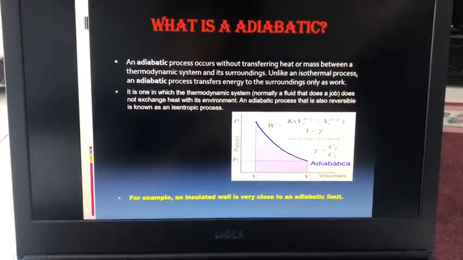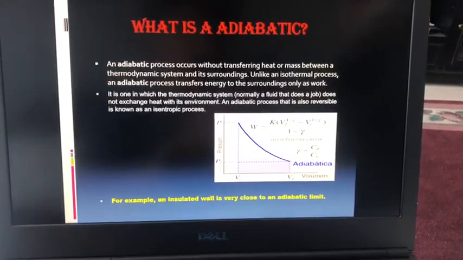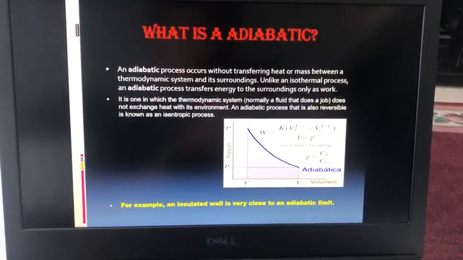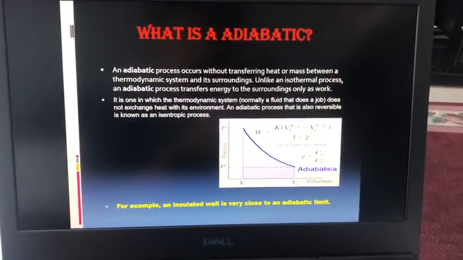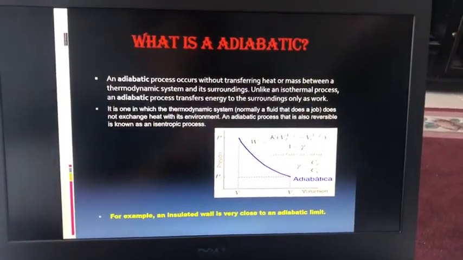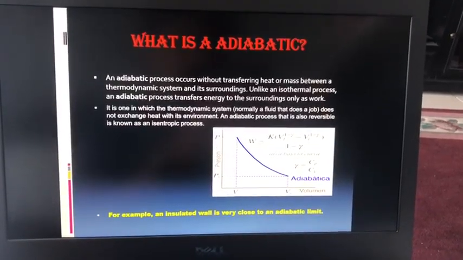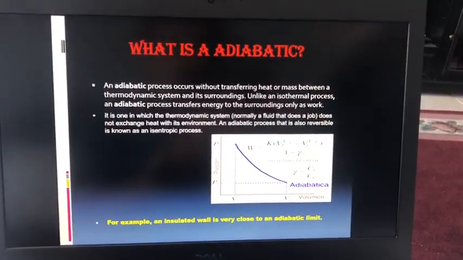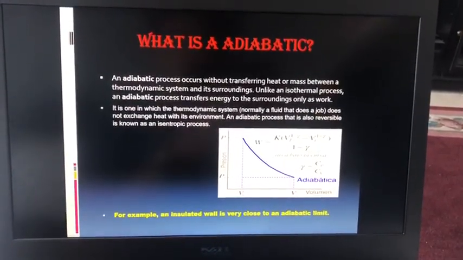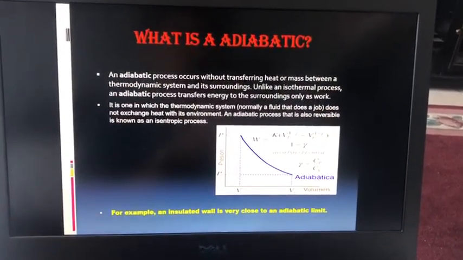Unlike an isothermal process, an adiabatic process transfers energy to the surroundings only as work. It is one in which the thermodynamic system, normally a fluid, doesn't exchange heat with the environment. An adiabatic process that is also reversible is known as an isentropic process.